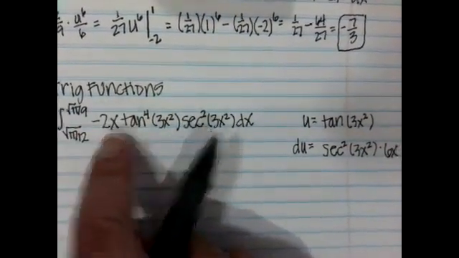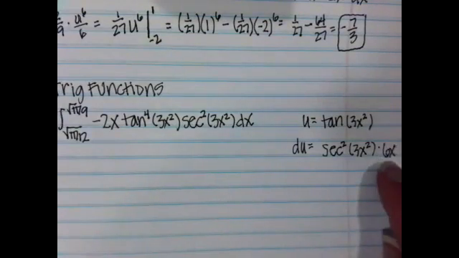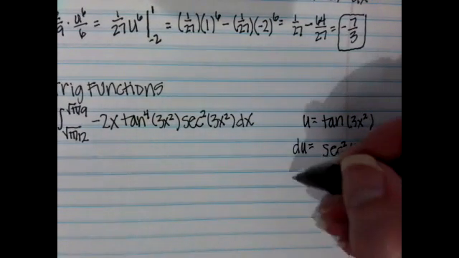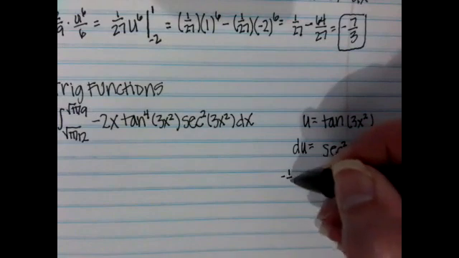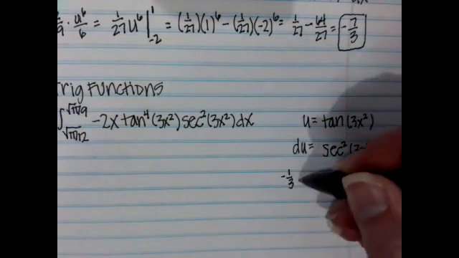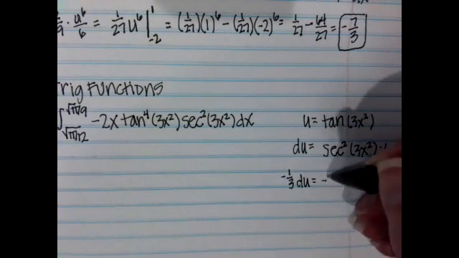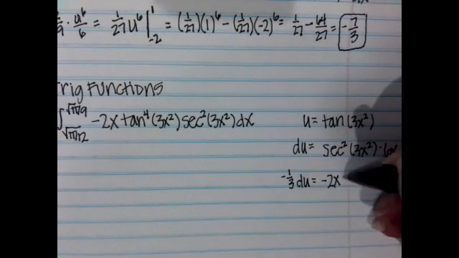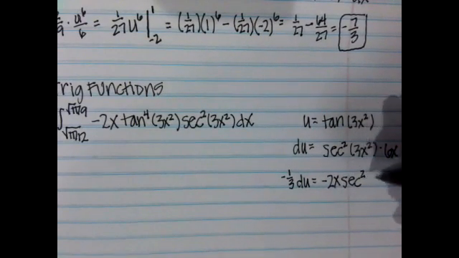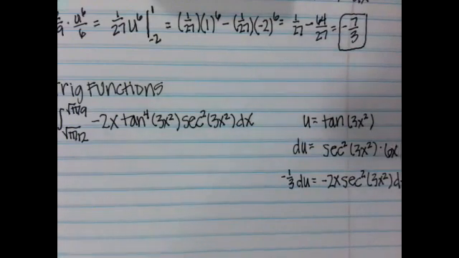So to get a negative 2x out of a positive 6x, I need to divide by negative 3. So this is going to be negative 1/3 du equals, I'm going to move that forward, negative 2x secant squared 3x squared dx. Forgot the dx on that.